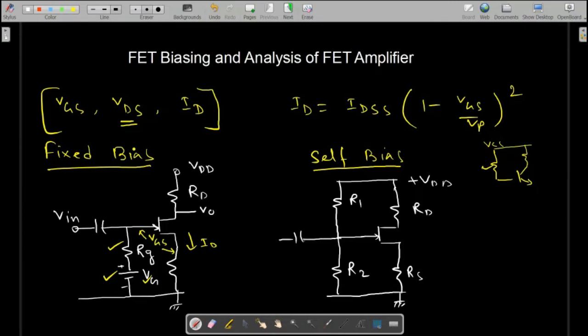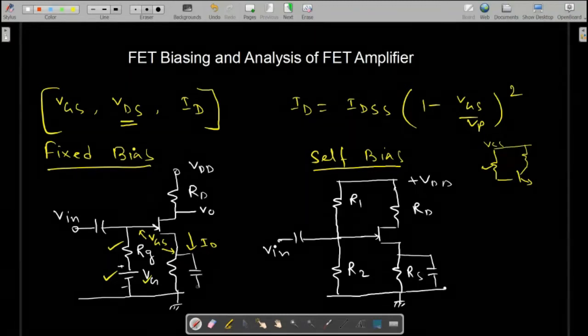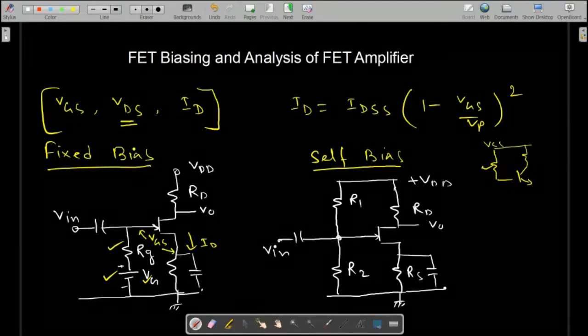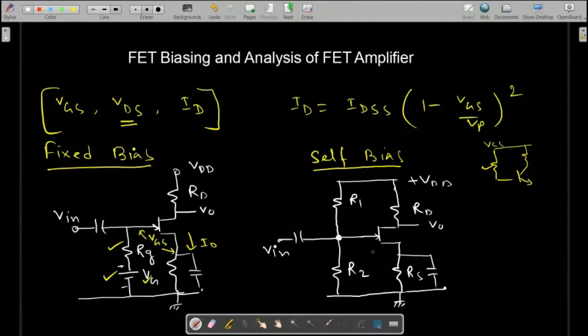It is exactly same as your BJT circuit, only the BJT is replaced by FET. And here we have a capacitor, that is for amplifier design, to improve the frequency response. And we are taking output from here. So self bias is the voltage divider bias. Again, the voltage drop across the source resistance RS will provide a negative feedback.